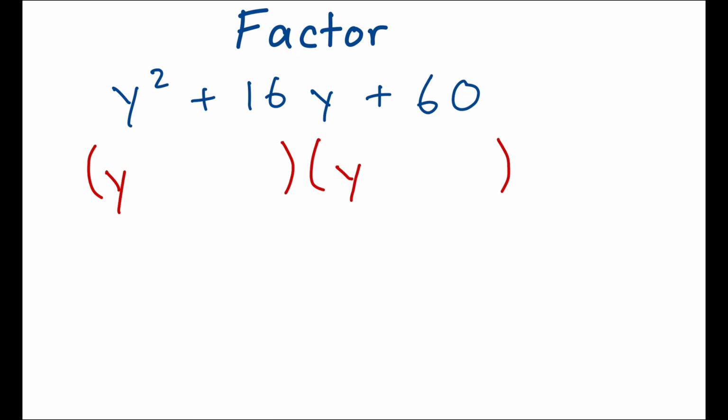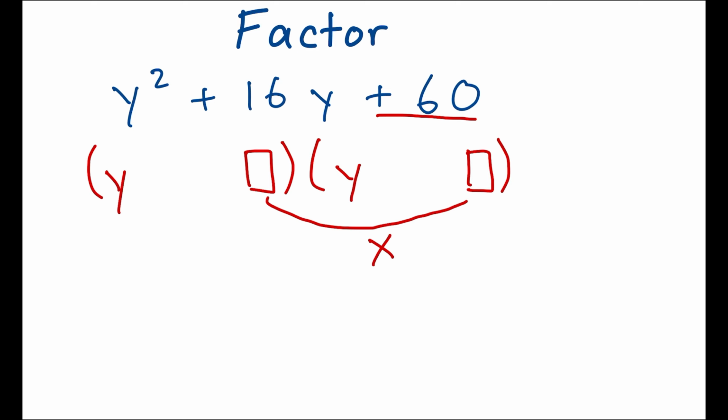So now here is a trick for you to do it faster. You see this one is 60. I want some number here and some number here that multiply together, like these two numbers you multiply together. And then for this number right here, the 16y, the trick is you add them together.